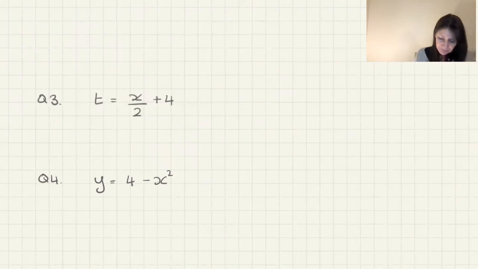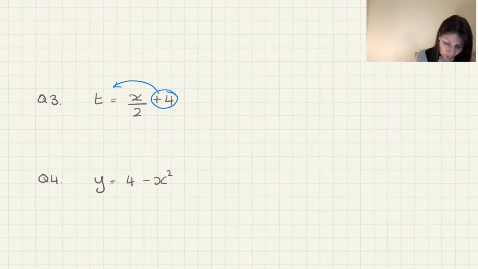So I've got t equals x divided by 2 plus 4. The last thing I said was plus 4. BIDMAS backwards would tell me to move the add first. So I'm going to be picking this up, dropping it on the other side, where it's going to land as minus 4. T is already there.